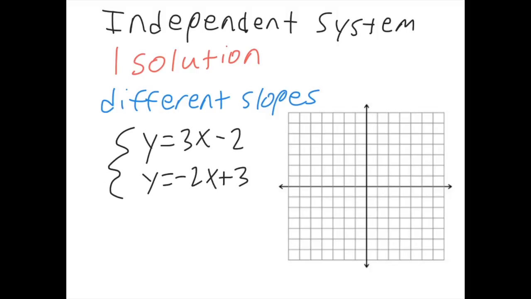First equation, negative 2 for the y-intercept, up 3 over 1. Second equation, up 3 for the y-intercept, down 2 over 1. Intersecting right there, we make our lines.